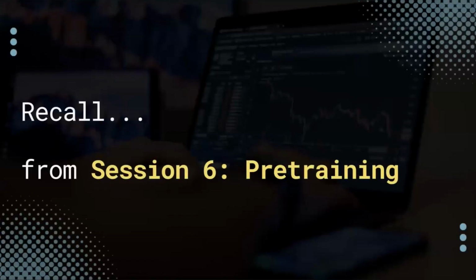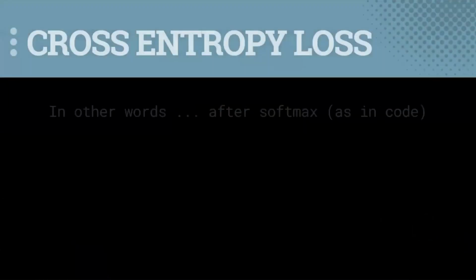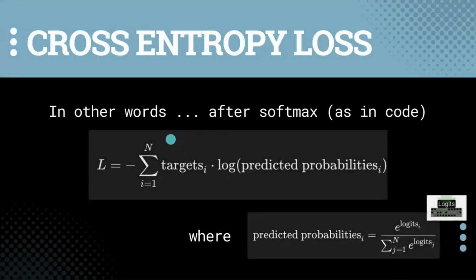Recall from session 6, we talked about pre-training. We talked about cross-entropy loss when we looked across targets and logits. And when we calculated the actual cross-entropy loss, the targets versus the logits, they're actually calculated after the softmax.